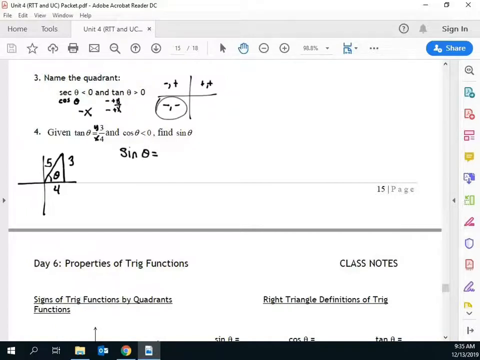Go ahead, say it. Y over r. That's great. Y over r is right. Or just the y value would be good enough for me. So what is the y value here, guys? How far did we go up? R is your hypotenuse. So what's the hypotenuse of this triangle?